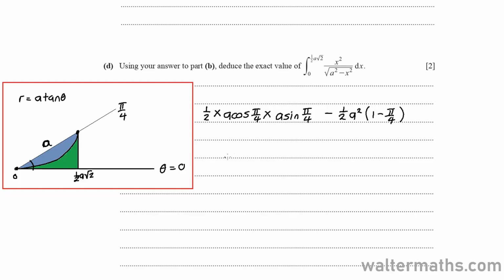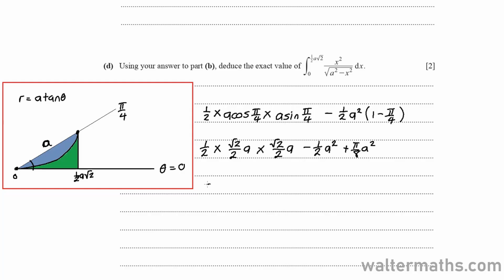So let's simplify this. So we'll be having half times a cos(π/4), which is root 2 over 2 a, and it's times a sin(π/4), which is root 2 over 2 a, and it's minus half a², and then minus half a² times minus π/4 will give us plus π/8 a².